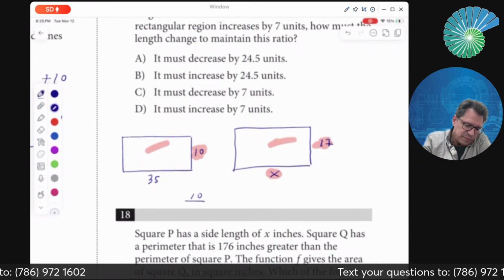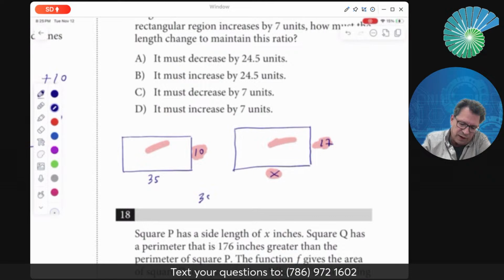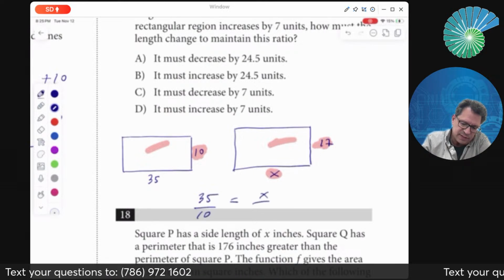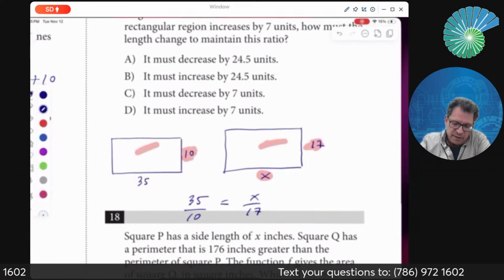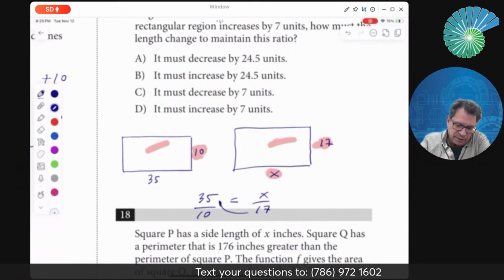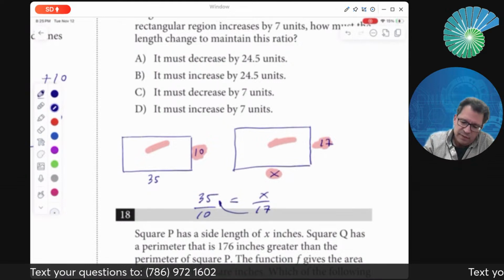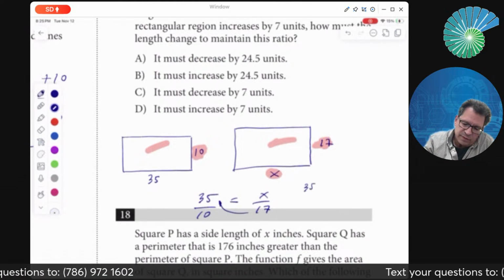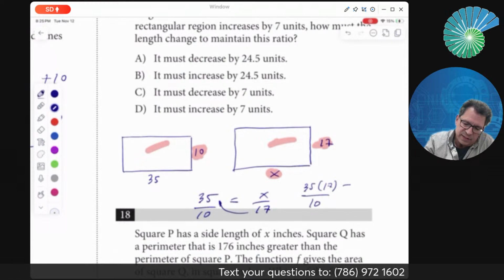Let's begin with 35. So 35 is to 10 as x is to 17. And I can cross multiply and I get 35 times 17 divided by 10 is x.